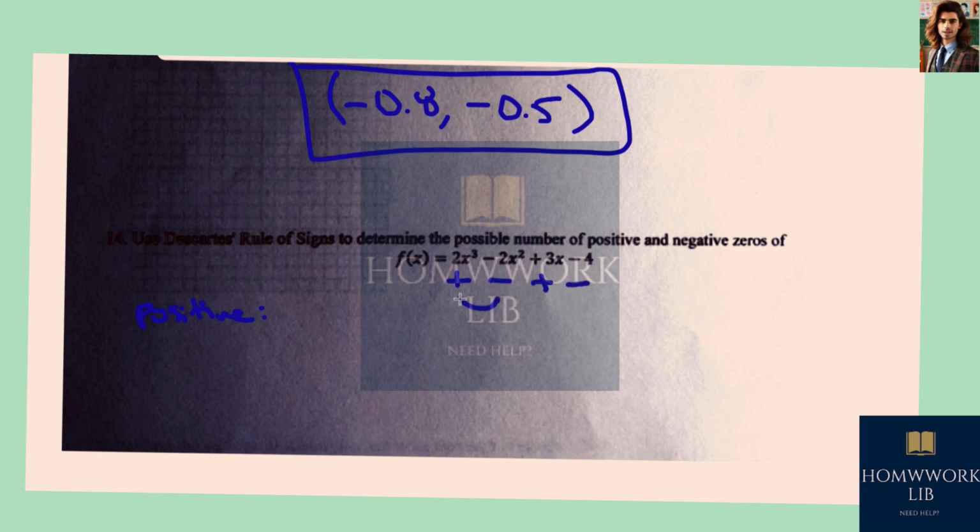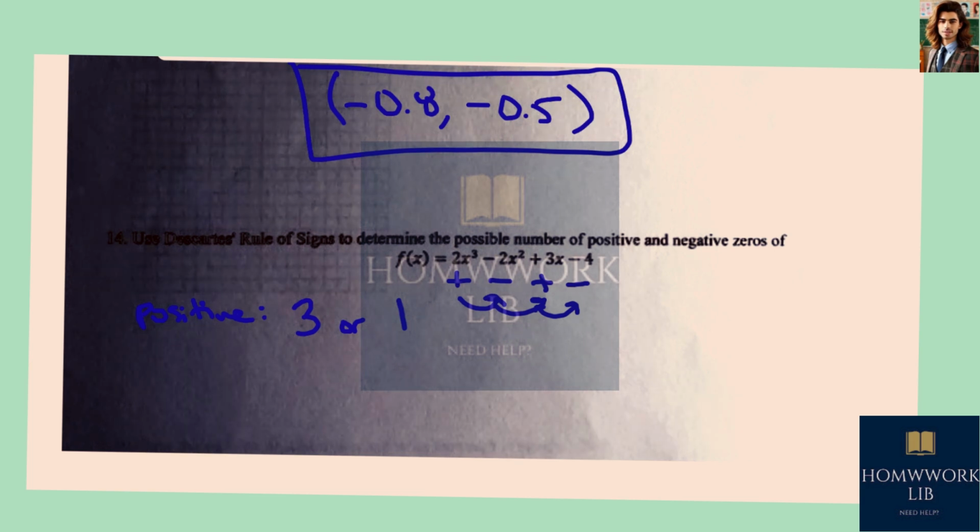That's 1, 2, 3 changes. So it's 3, or we can think of pairs of possible imaginary zeros. Those come in conjugate pairs. And so it could be 3 or 1 positive zeros.